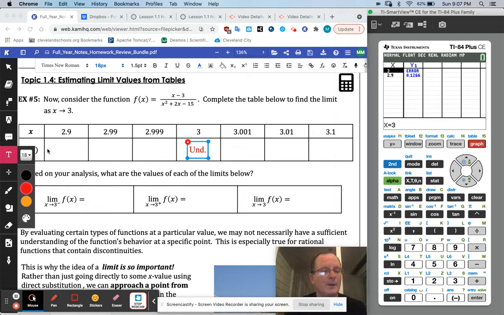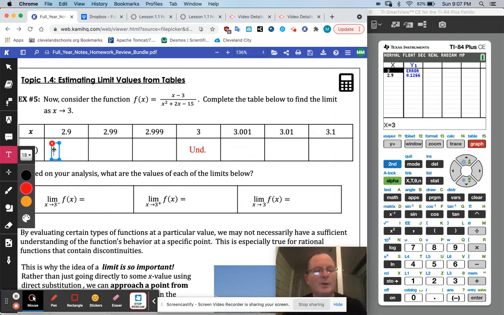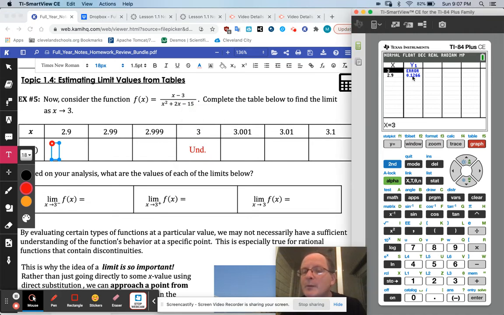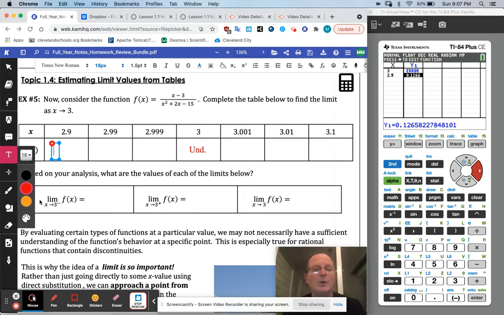Okay, so at 2.9, we've got 0.1266. If you need a little bit more, sometimes you can go around top of that. Look at that, it did round to the 4th decimal place, and that's probably okay for our work. So we'll go with 0.1266. Four decimal places is pretty good.